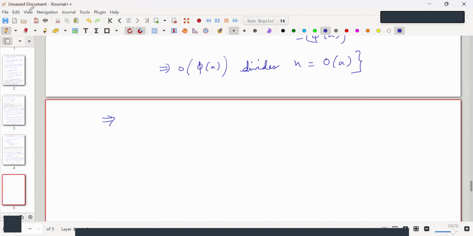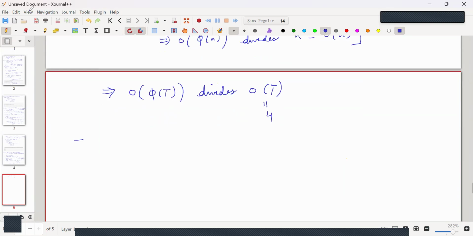So I think we spoke to the very last, the order of phi of one bar should divide the order of one bar, right? And what is the order of one bar in Z4? That is 4.